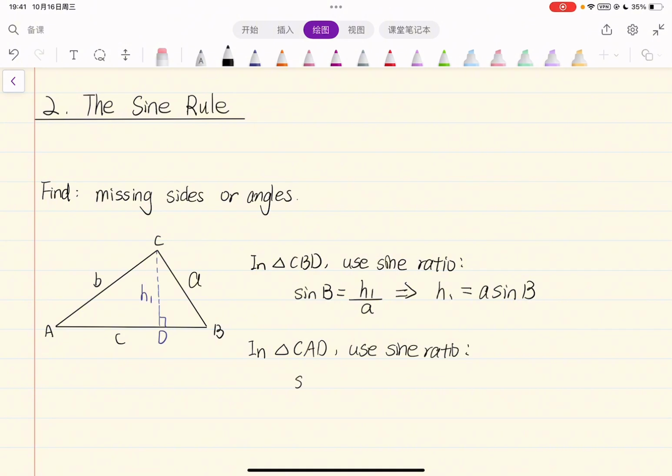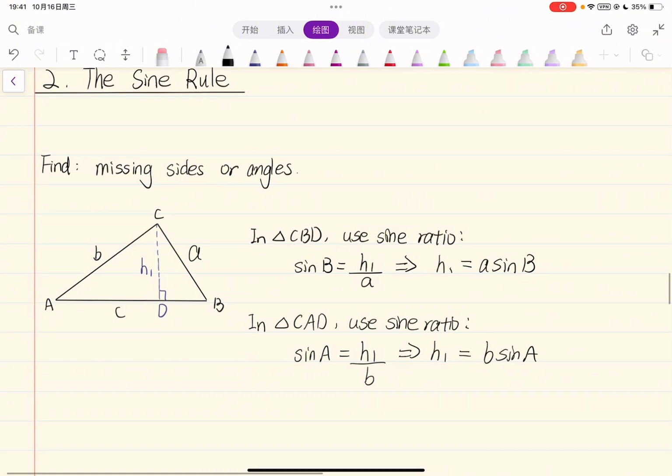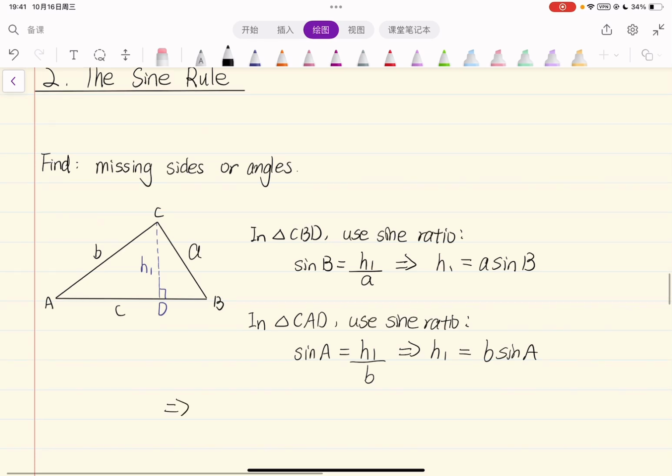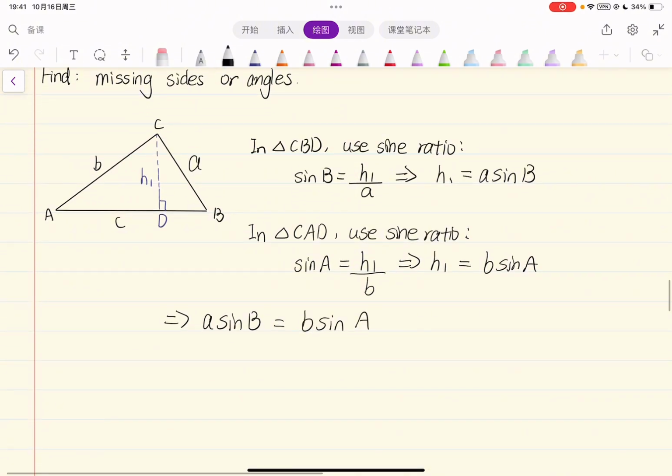We have sine A equals to H1 over B, implies that H1 equals to B times sine A. Thus, we can have that A sine B equals to B sine A. So we have A over sine A equals to B over sine B. This is a part of the sine rule.